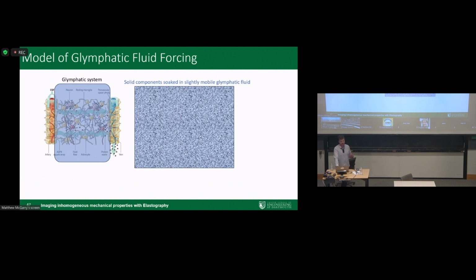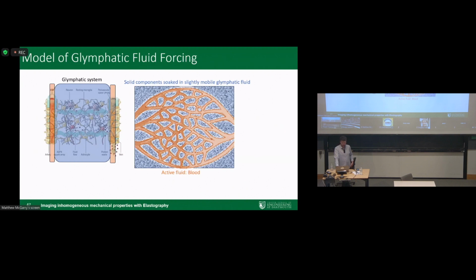So what we're doing is, rather than directly imaging the movement of the fluid, we're imaging the force, the driving sources or the forcing that drives it. In this model, these blood vessels would be a continuum network of blood vessels, and this is an active fluid. The fluid sources we were calculating before, we consider that to be blood.